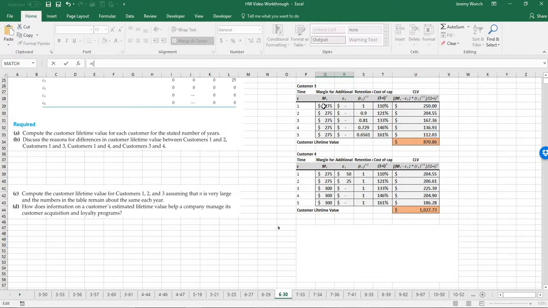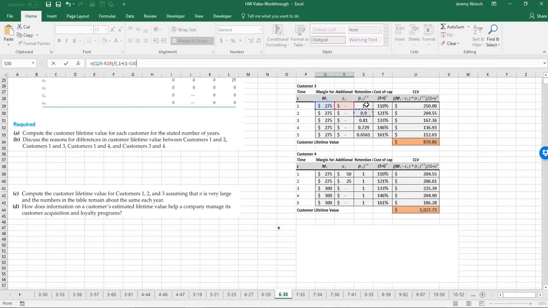So customer 3's. Oh, I didn't plug in the right retention rate.